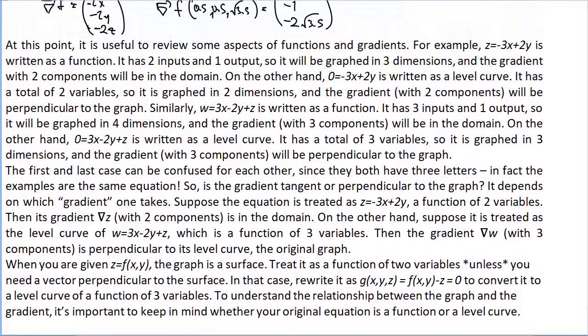In that case, rewrite it as g of xyz equals f of xy minus z, and now it equals 0. And that converts it to a level curve of a function of 3 variables. So again, to understand this relationship and this connection, it's important to keep in mind, are you thinking of your original equation as a function, or are you thinking of your original equation as a level curve?